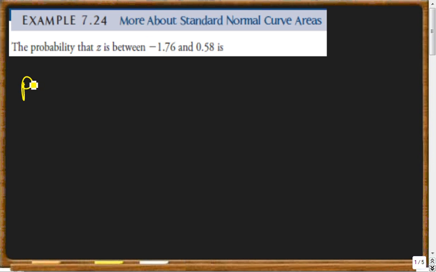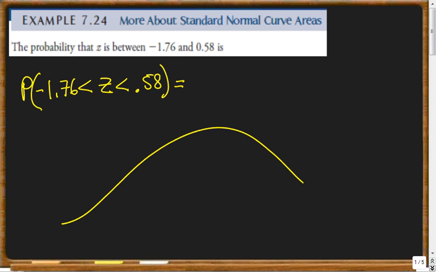So we write this out. We see negative 1.76 is less than z is less than 0.58. If we think about our normal curve, we've got our mean, and 1.76 below, so we're probably somewhere like here.